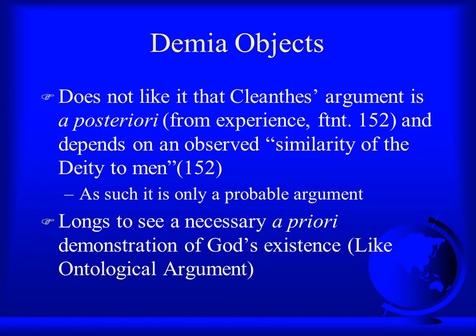Now, Demea is a pretty traditional believer, but he also likes things like the analogical argument. Demea wants to see God's existence proved with the certainty of a mathematical proof. And what he doesn't like about the design argument, and arguments like it, is that they're basically probabilistic.